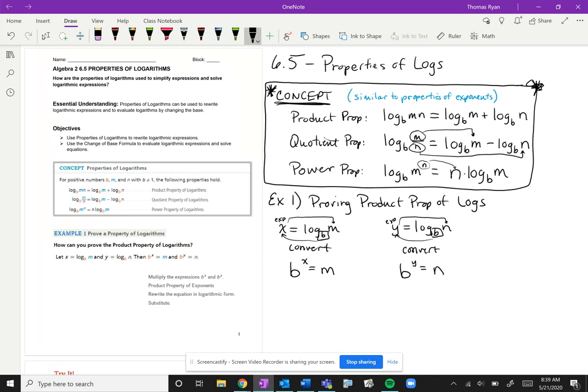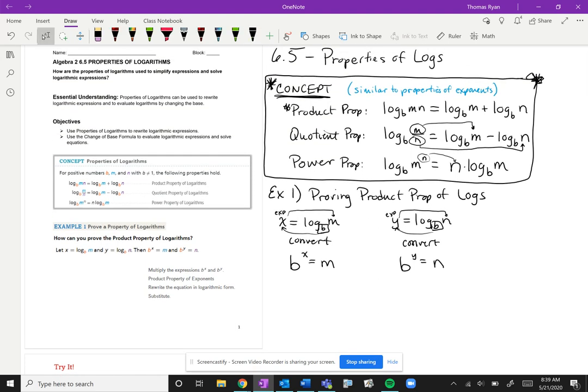Okay, now we are going to prove the product property here. So now we have b and m. All right, so let's make it a product. So we're going to do our product property. All right, so we're going to multiply b to the x times b to the y.